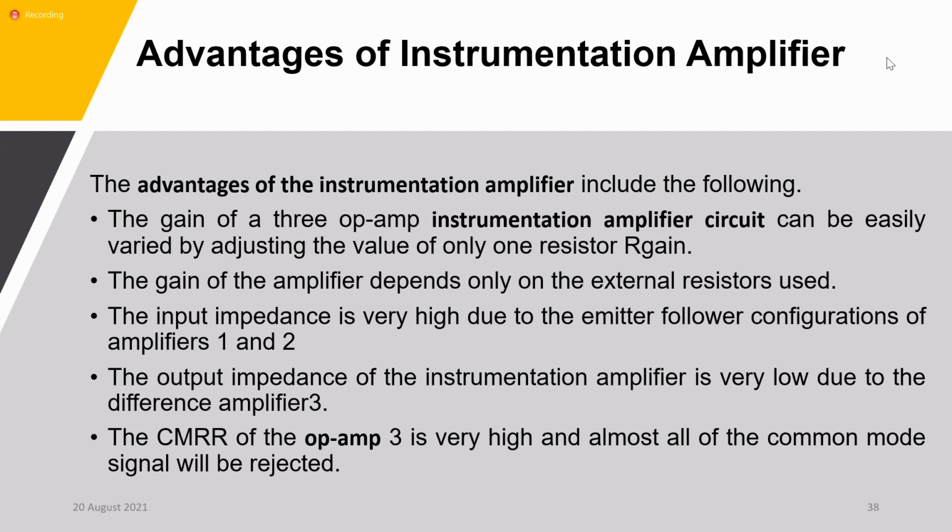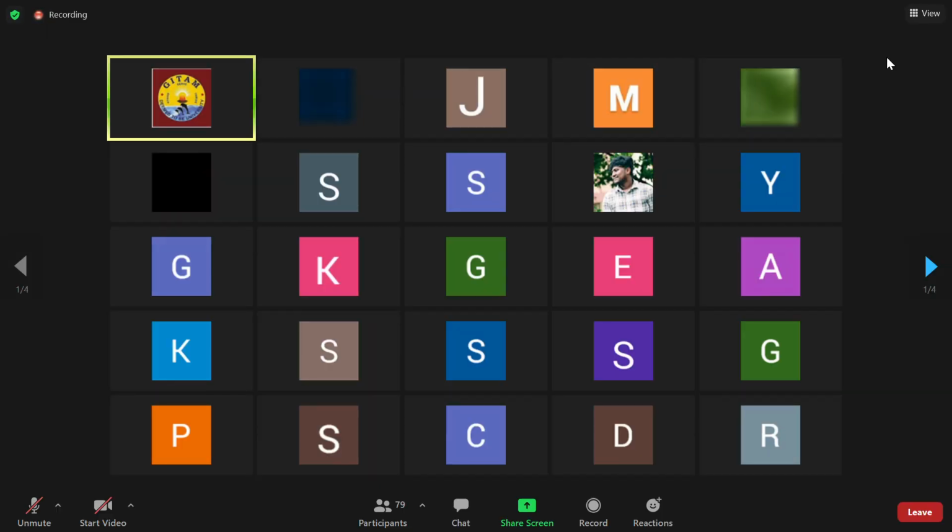Common mode, we have already discussed this. Common mode means common mode rejection ratio. If you apply 2 inputs to a differential amplifier, if the 2 inputs are the same, then the output will be 0. That is the meaning of CMRR. So these are the advantages of the instrumentation amplifier.